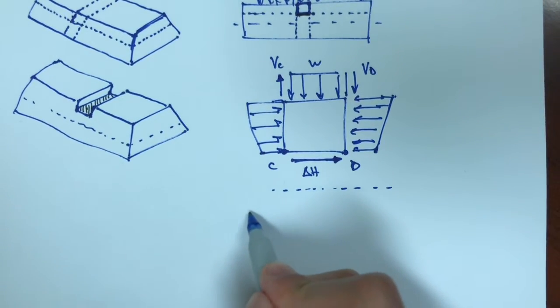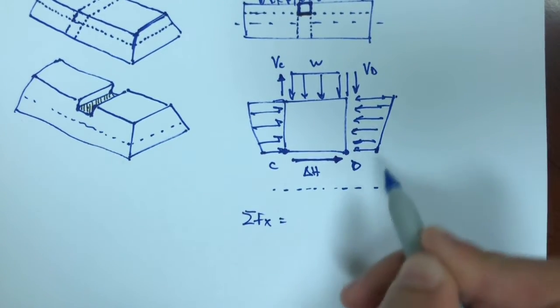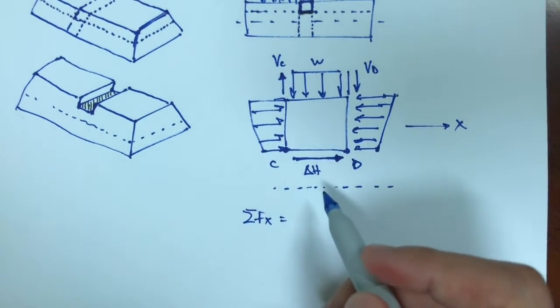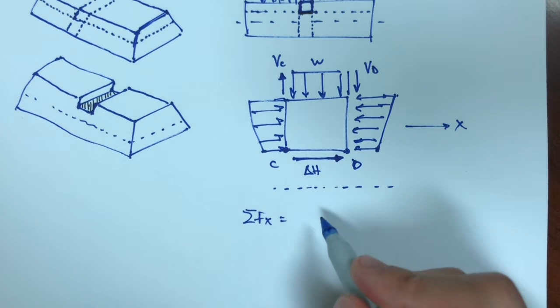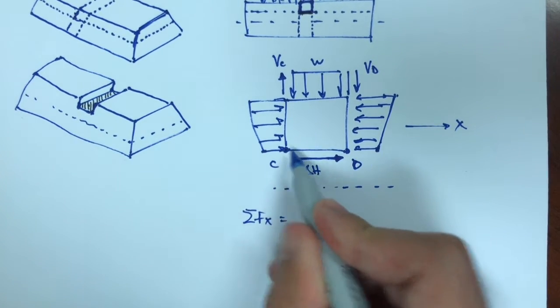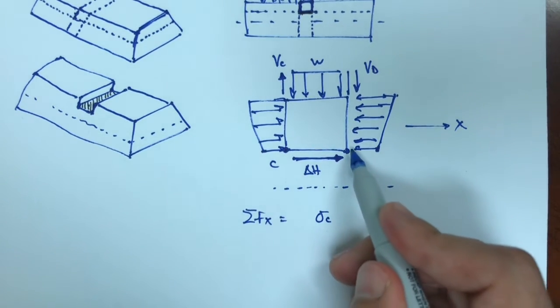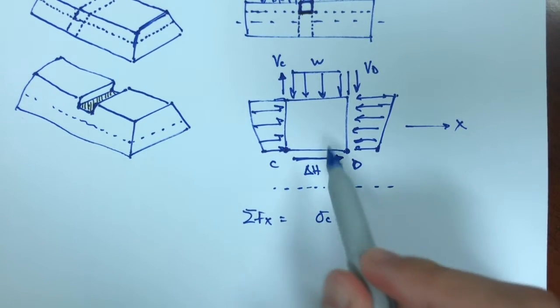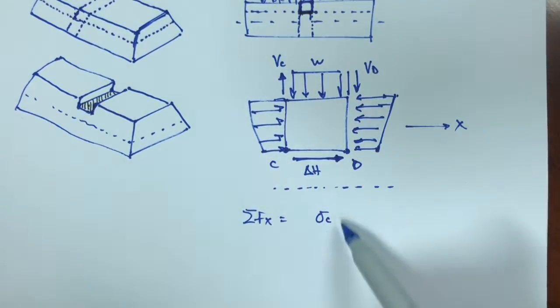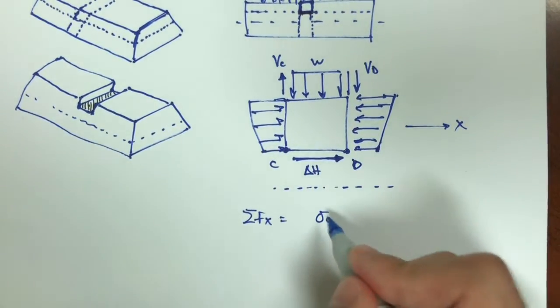If I do the sum of forces in the x direction here, assuming this is the x axis, what I'm going to find is that I'm going to have sigma at C, that bending moment at C, and the bending moment at D is going to be slightly different. I move from C to D, the moments are going to be different, and therefore the sigmas are going to be different.